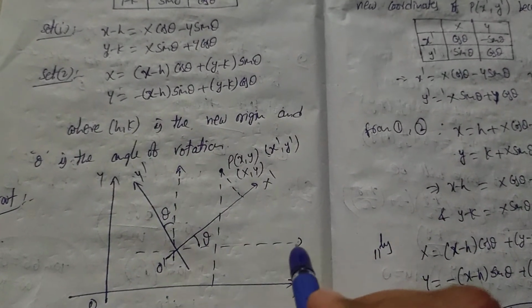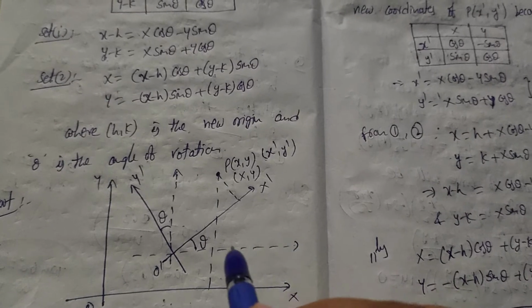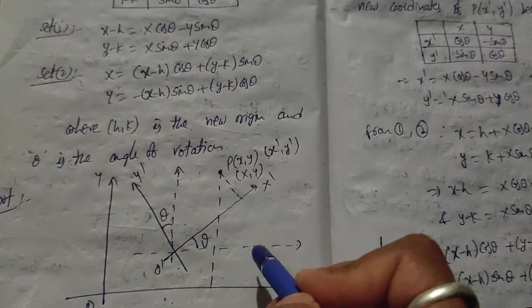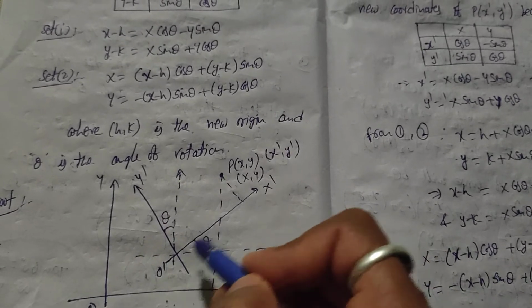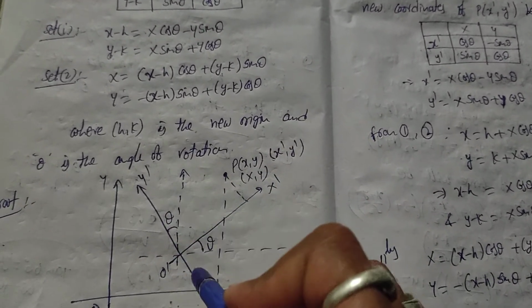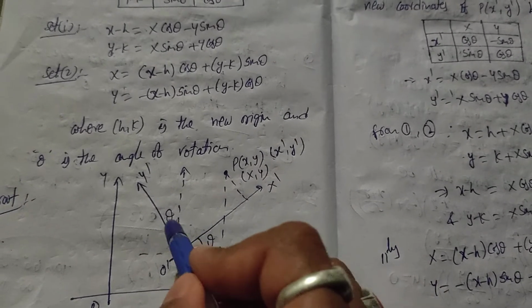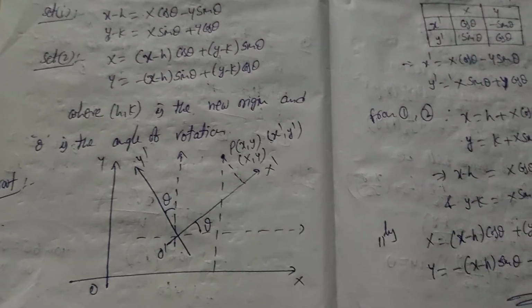This is the new coordinate axis. If you rotate by an angle theta, now this line becomes O X dash and this line becomes O Y dash, and the angle between these two lines is theta.